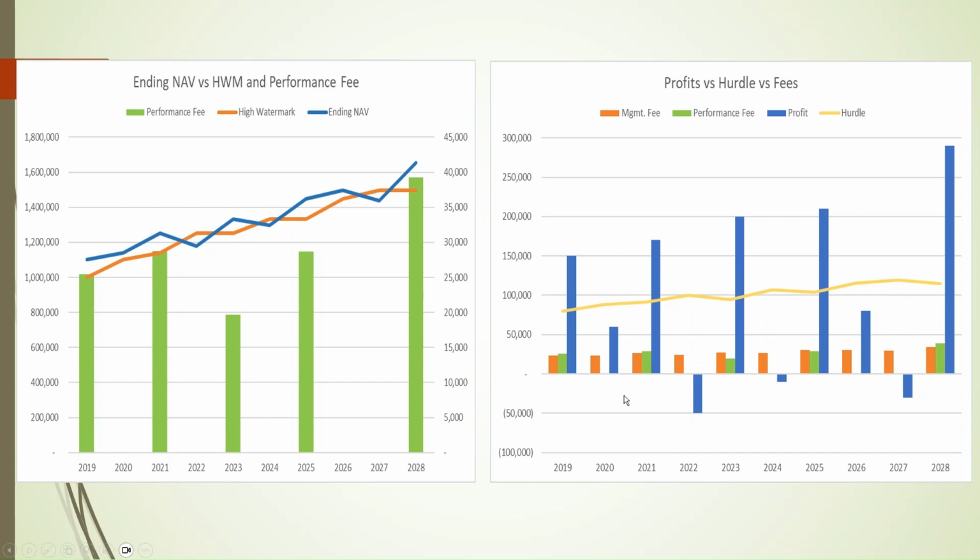So in 2020, 2022, 2024, 2026 and 2027, we have years with a negative profit. Of course, there's no performance fee. And we have a couple of years where we do have positive profit. However, you look at this hurdle line. Our profit here is just not large enough to hit the hurdle line. That's why these five years have no performance fee, but for different types of reasons.